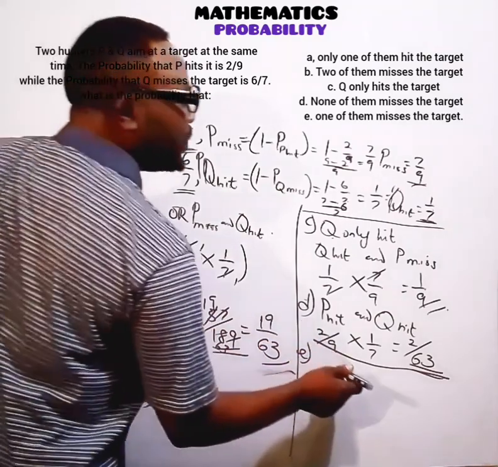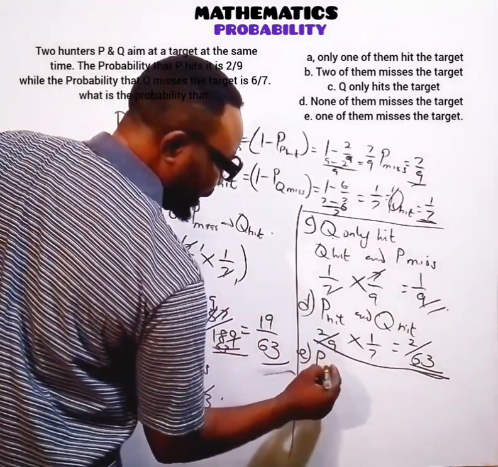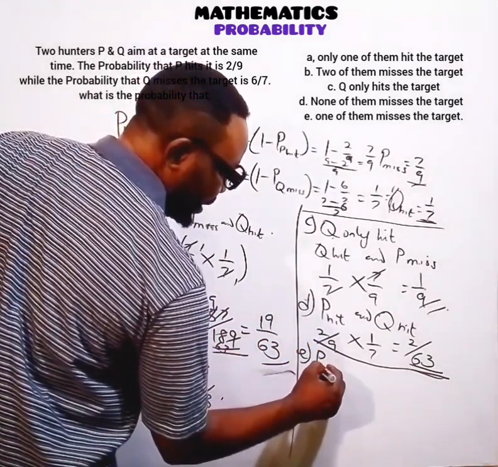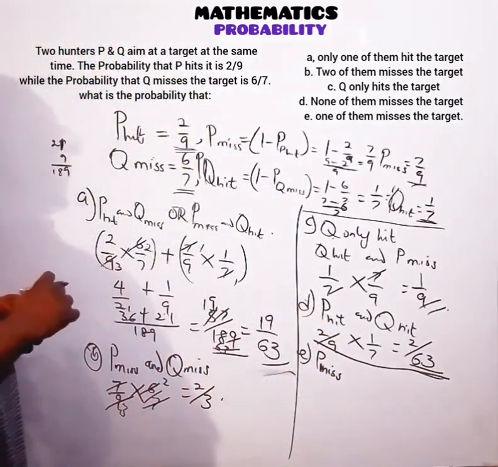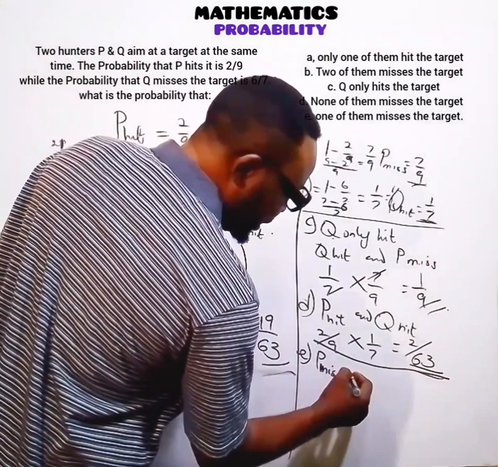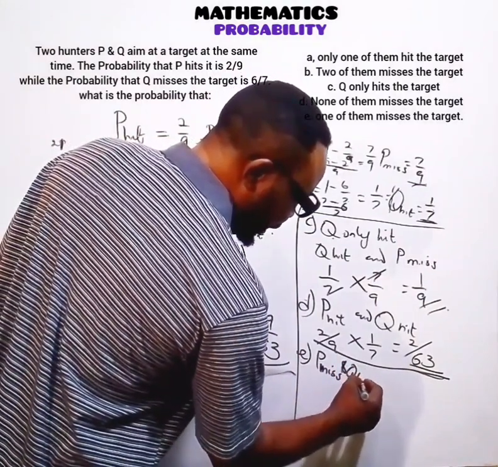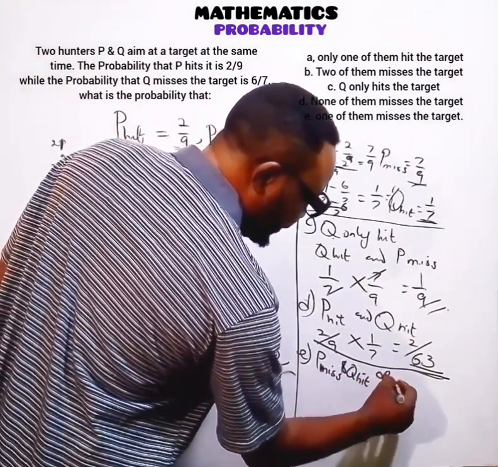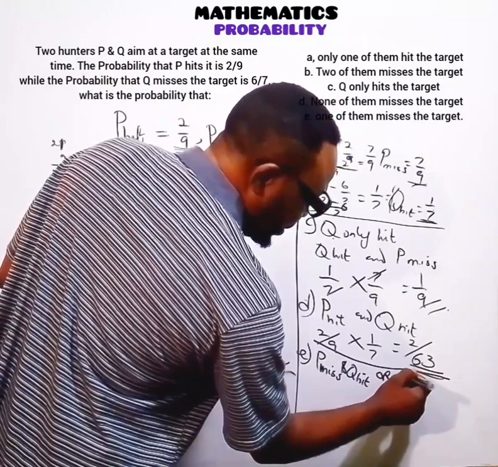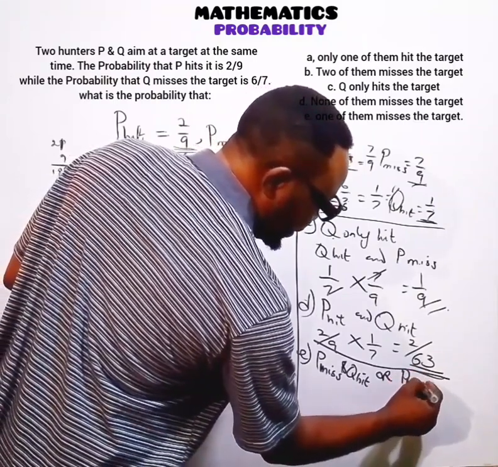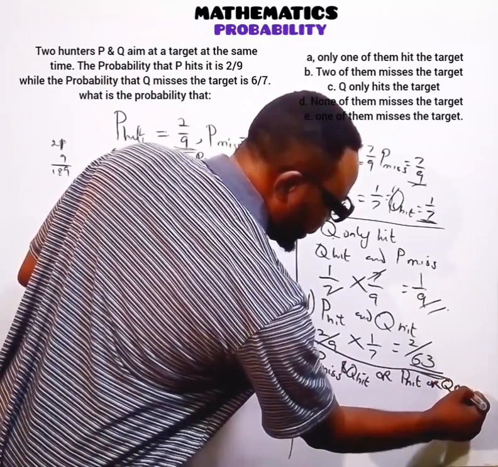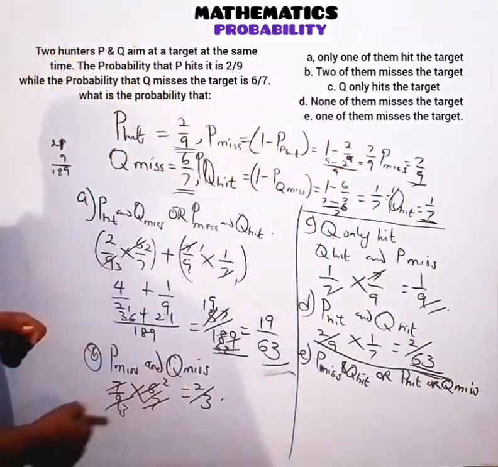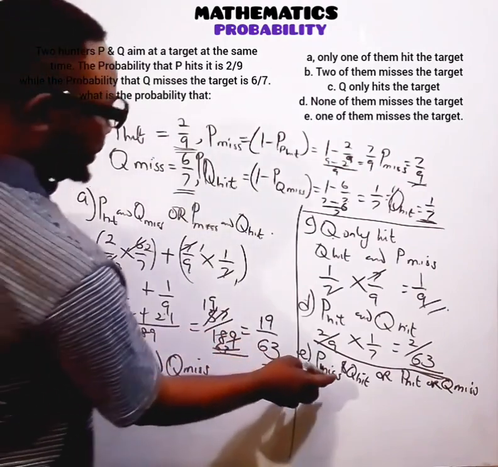It is either P misses and Q hits, or P hits and Q misses.